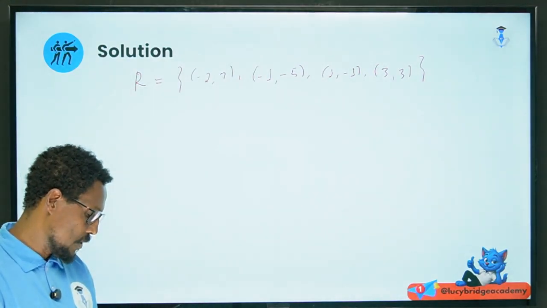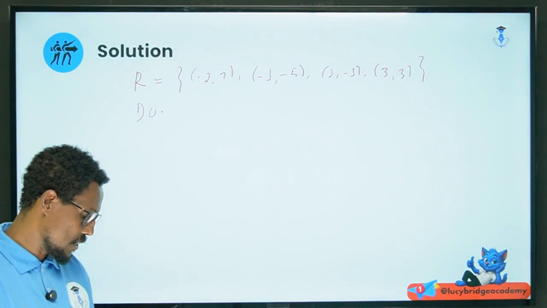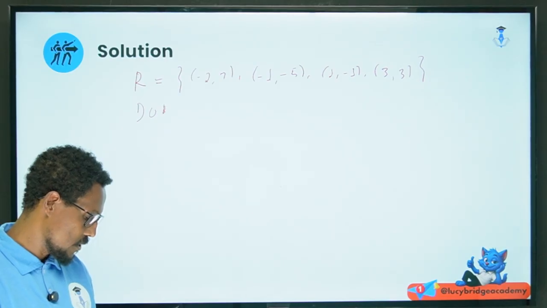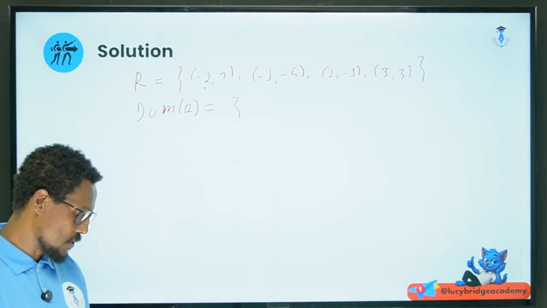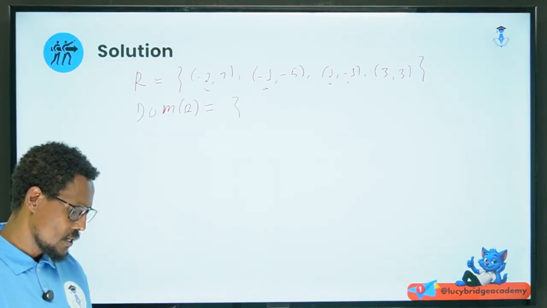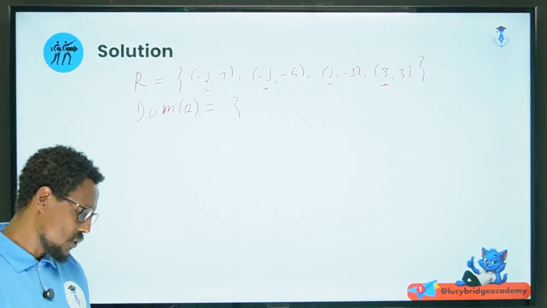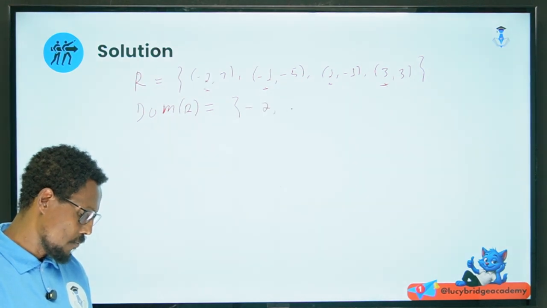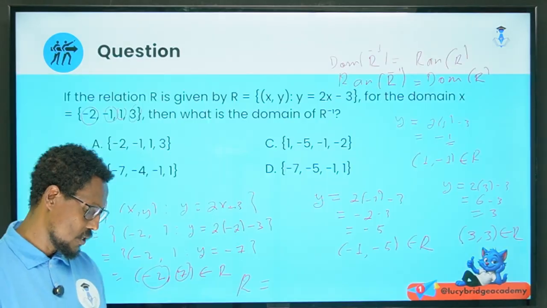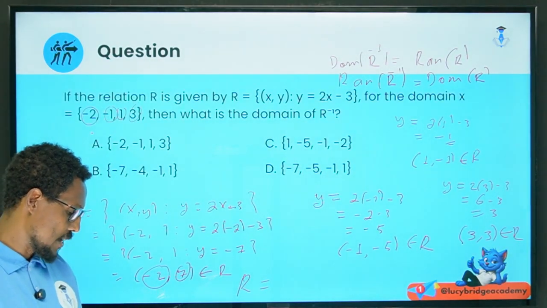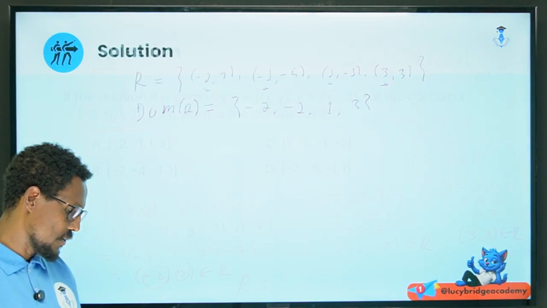But we know that the domain of r is given. The domain of r is the set of the first components, the set of all the first x values: -2, -1, 1, and 3. On the question, the domain is -2, -1, 1, and 3, okay?